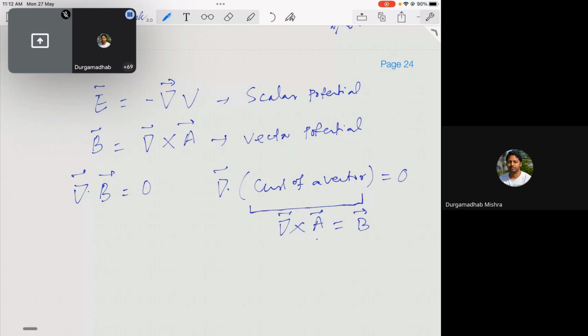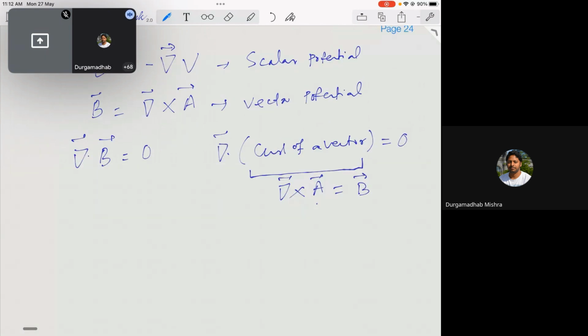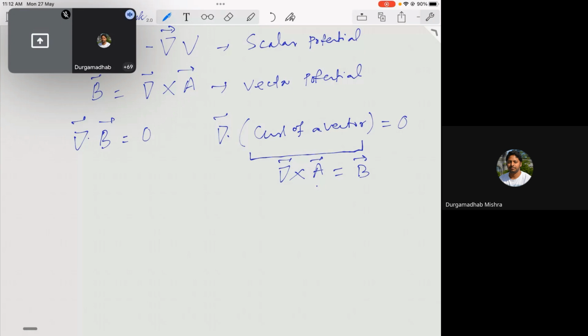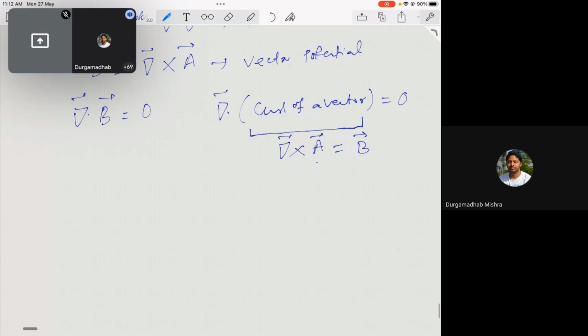So we basically have two equations which can be used to express Maxwell's four equations. So in Maxwell's equations we have four equations, and using the scalar and vector potential we can write it in two equations, which is again a coupled differential equation.